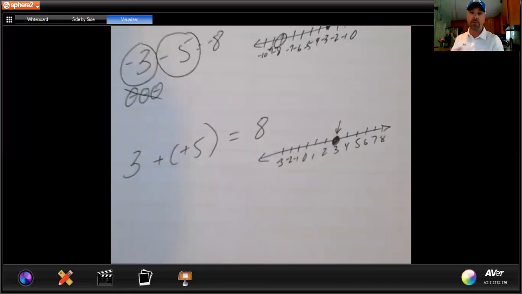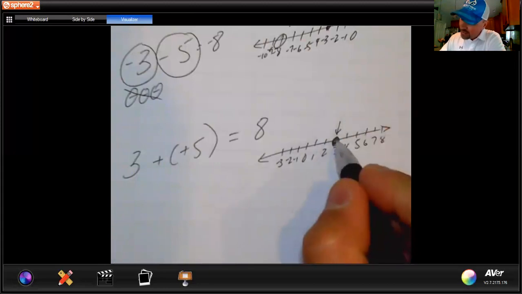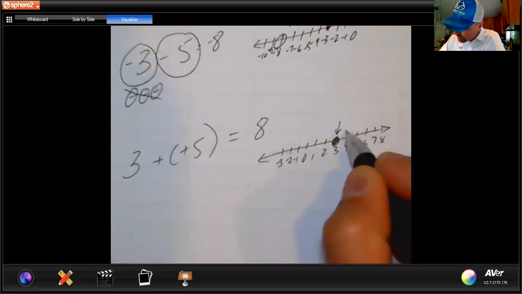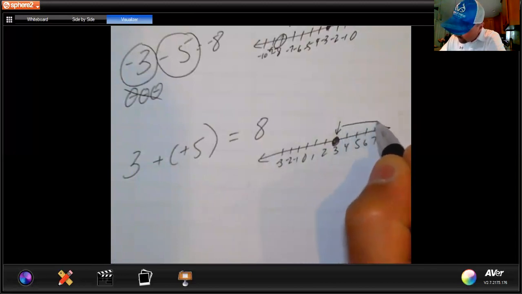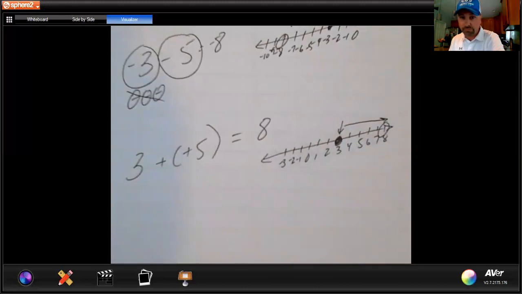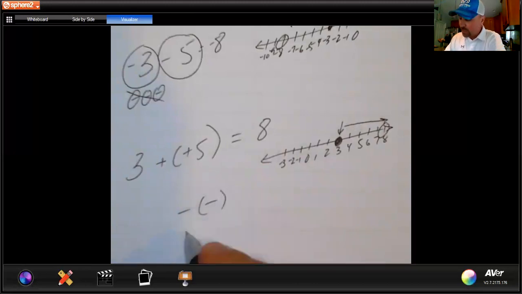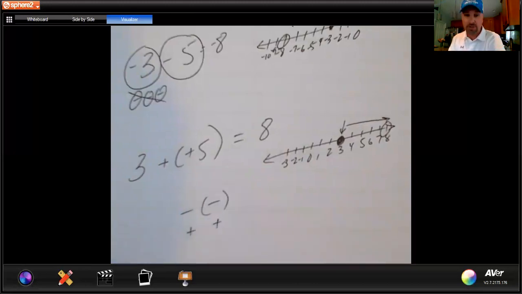And 3 plus 5, if I would have put that problem in there, you would have got it correct because you know how to add that, okay? And so you start at 3. Minus means you would go this way, but negative flips it and sends it forward, okay? And puts you at 8. So minus negative is the same as plus positive.